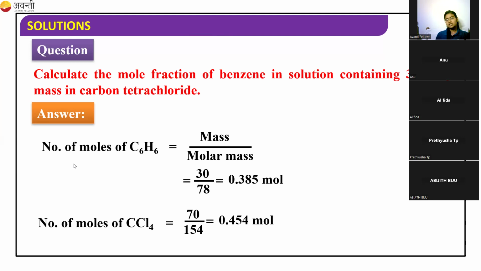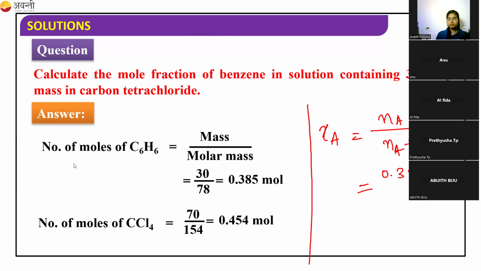Just substitute in the formula. XA is equal to number of moles of A divided by number of moles of A plus B. So Na is 0.385 divided by 0.385 plus 0.454. So this is what you have to do.